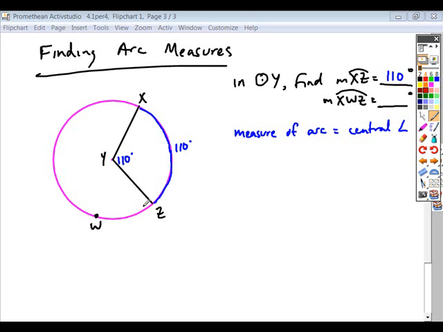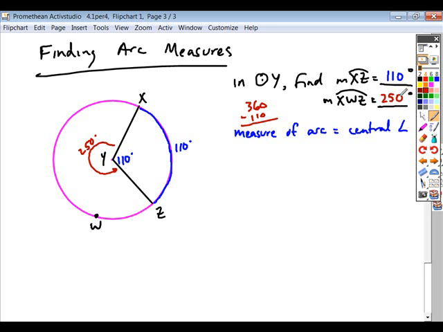To find it, you'll just take 360, the full rotation, subtract the central angle, and that's going to give you this reflex angle right here, which is 250. Therefore, this major arc has an angle measure of 250 degrees. So that relationship will hold true for all circles and all arcs of circles.